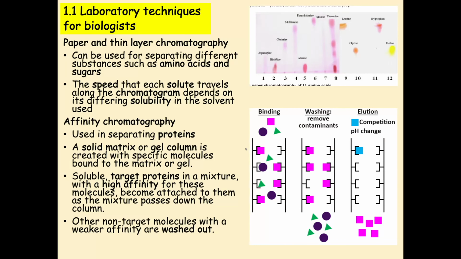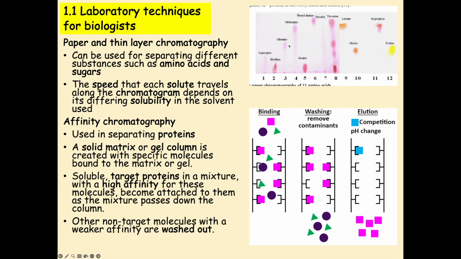Okay, paper and thin layer chromatography. Again, you probably did chromatography in early secondary school and perhaps in chemistry, perhaps in biology, to separate different components from a solution. In Advanced Higher, we need to know about them in terms of separating different substances such as amino acids and sugars, and the speed that each solute travels along the chromatogram.